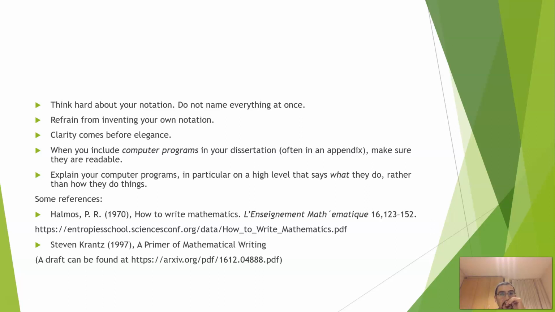If you name a certain object with a letter, there should be a need for this. If you give letters and symbols to everything, your thesis will look like a chaos of symbols. So name things which really deserve to have a name. Otherwise, it will be impossible to follow your arguments.